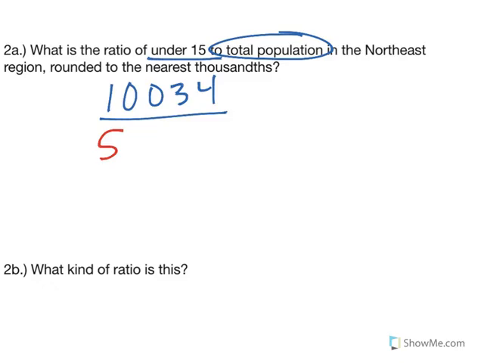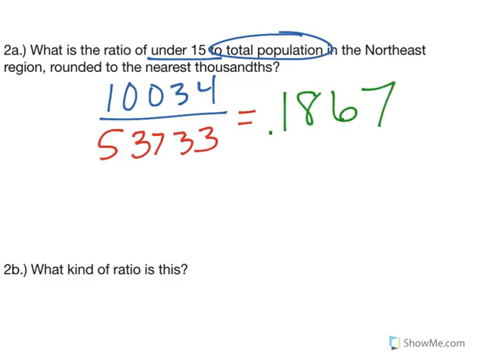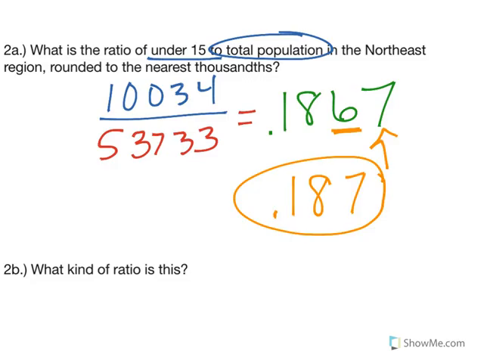So compared to the total, which is 53,733. And we do want this as a decimal rounded to the nearest thousandths. So when I divide those, I come with 0.1867. Remember, thousandths is the 3rd place. So I look one place past, which is 7. 7 rounds up. So my answer is 0.187.